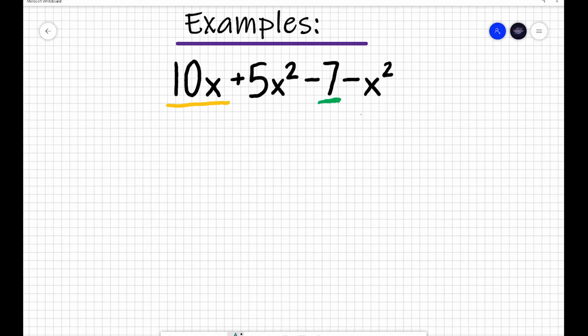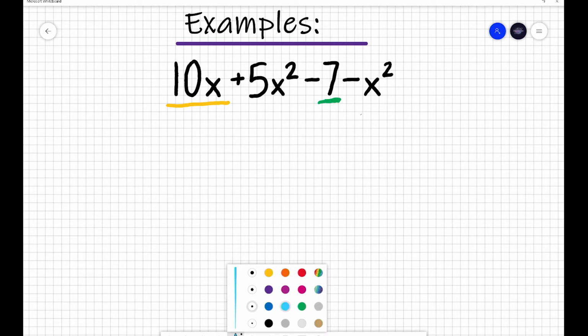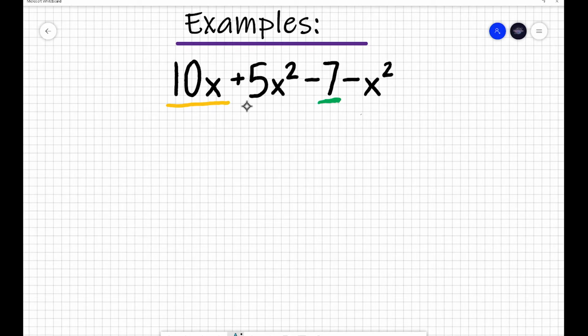And now the biggest variable power is x squared. So you have 5x squared and x squared. While you cannot do anything with the 10x and the 7, you can, in this case, subtract the 2 x squared values. 5x squared minus x squared is 5 minus 1, because once again, no coefficient is the same as just 1.